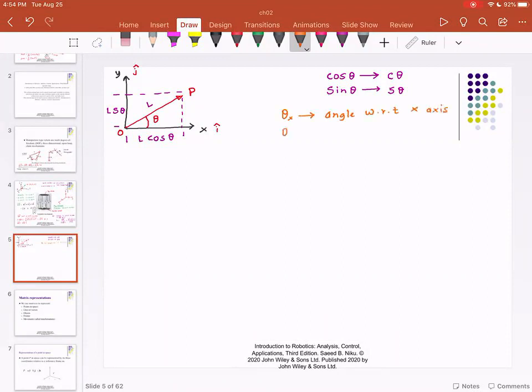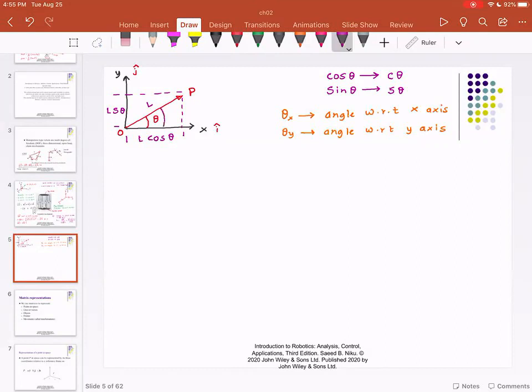Theta y is the angle with respect to the y-axis. If I write these angles down, check this out.